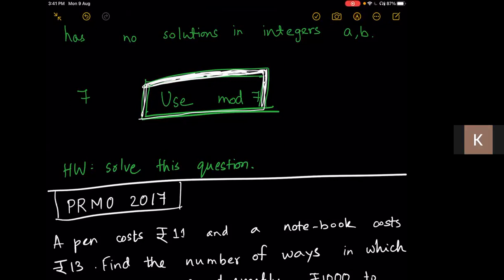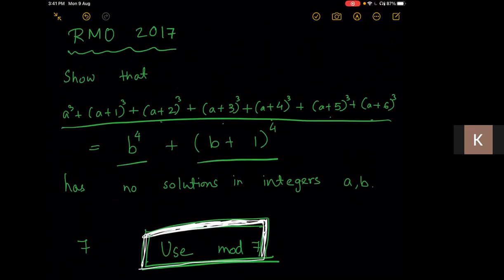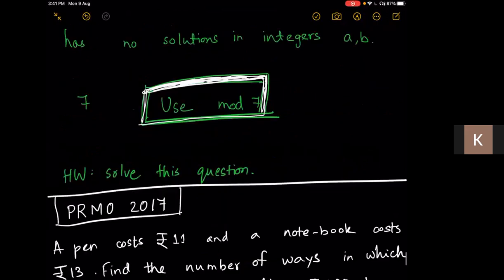So, once you know you have to use mod 7, you can solve it. It becomes a lot easier. But knowing that you have to use mod 7, that is where the actual hardness of this question is. That's why it is an RMO question and a hard question, because it needs a lot of creativity and experience.